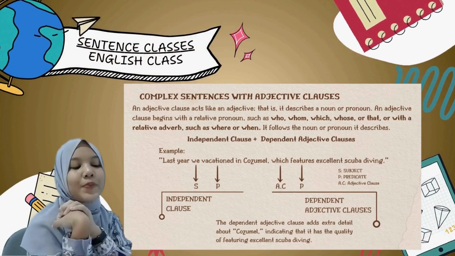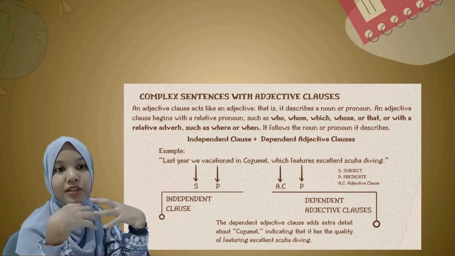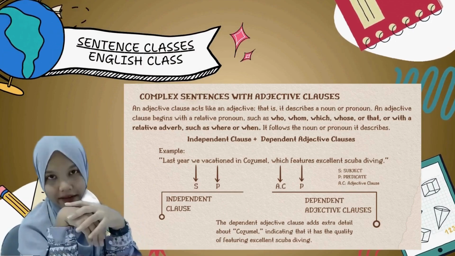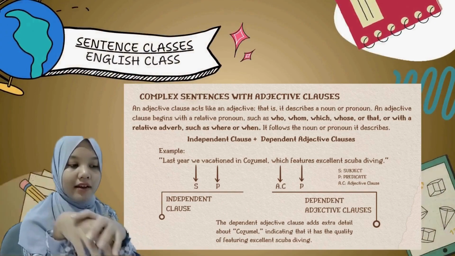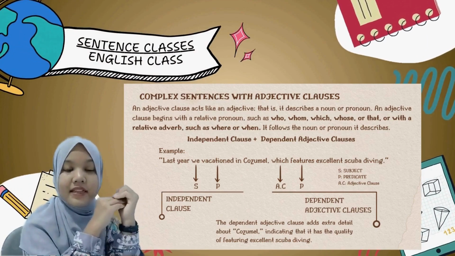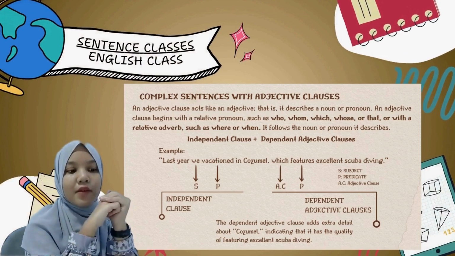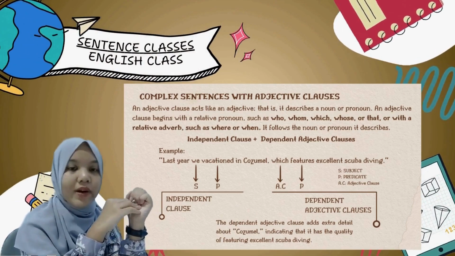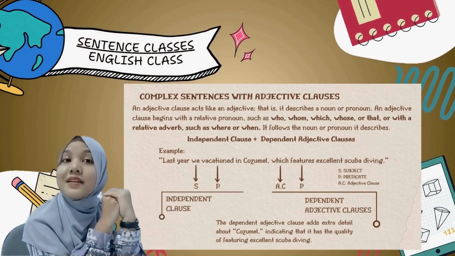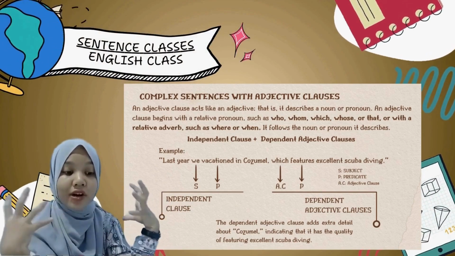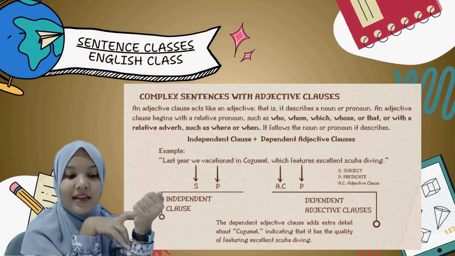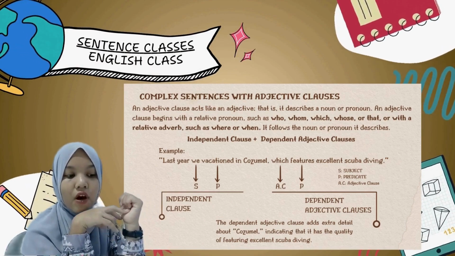For example, last year we vacationed in Bali, which featured excellent scuba diving. Here, last year we vacationed in Bali is the independent clause, and which featured excellent scuba diving is the dependent adjective clause. The dependent adjective clause adds extra detail about Bali, indicating that it has the quality of featuring excellent scuba diving.